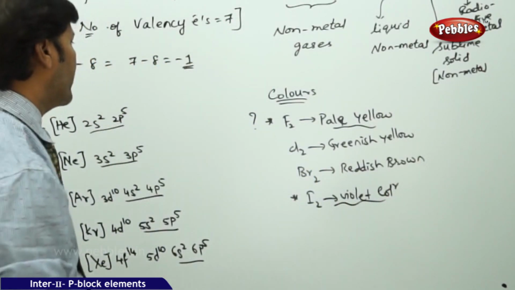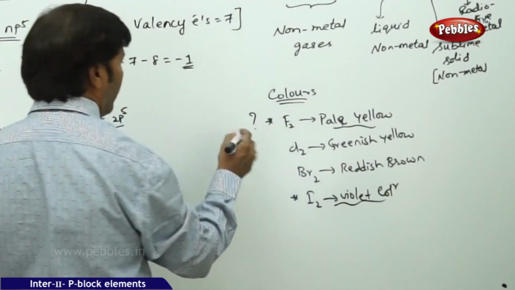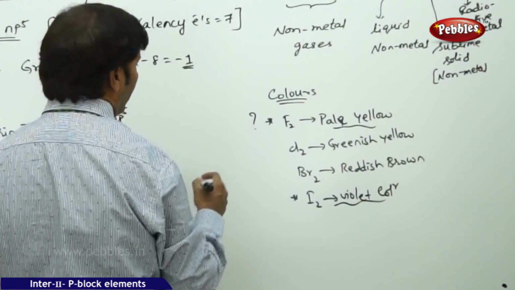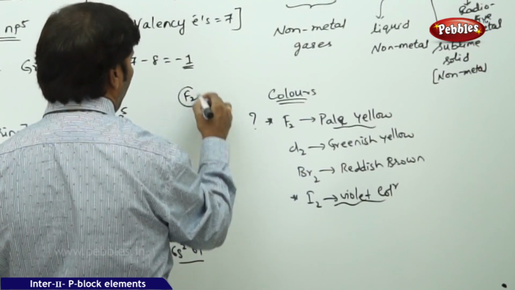In the electromagnetic spectrum, fluorine, being small in size, has many unique properties.